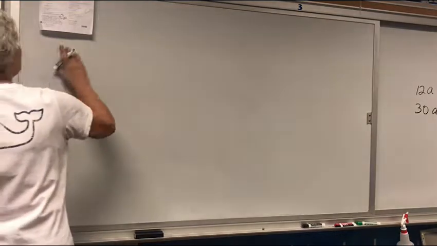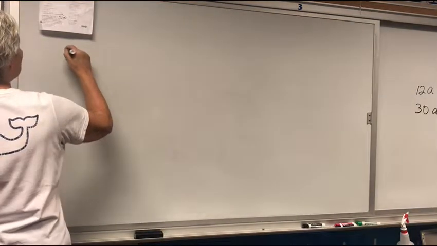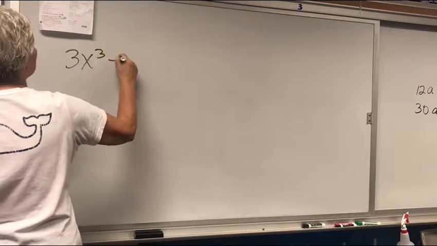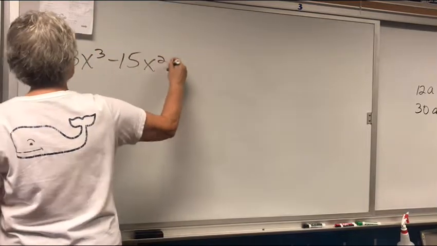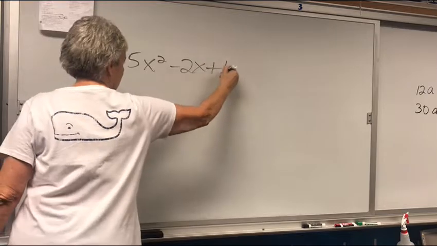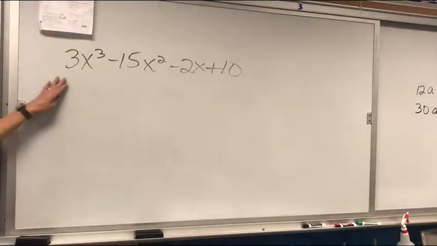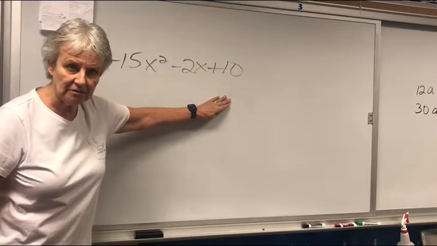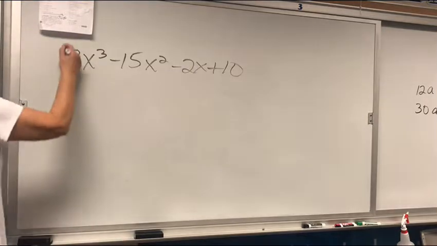All right. Since that always happens, where it's the same binomial, you get to use a shortcut. Okay. All of these do not have a common factor. So we're going to factor by grouping.